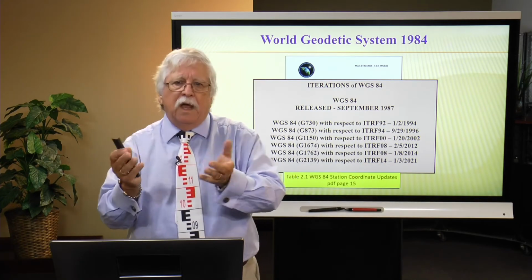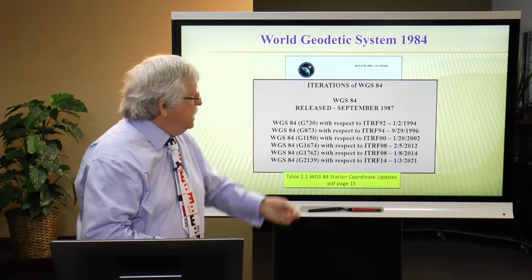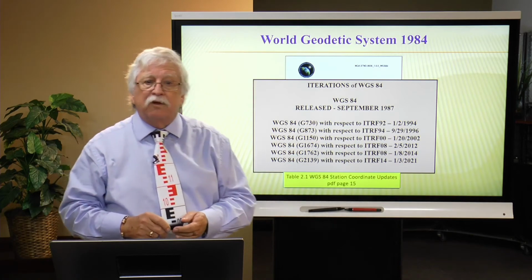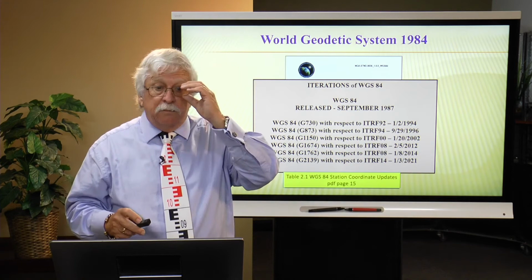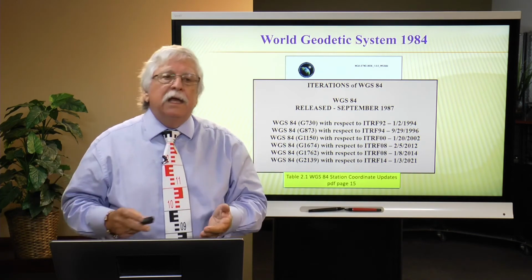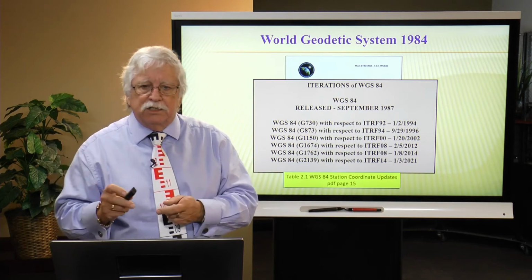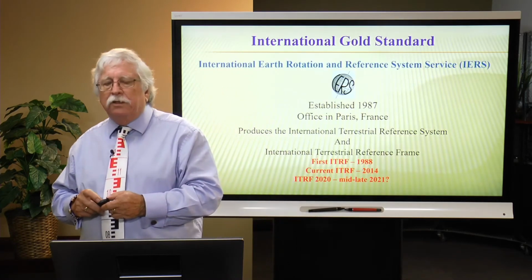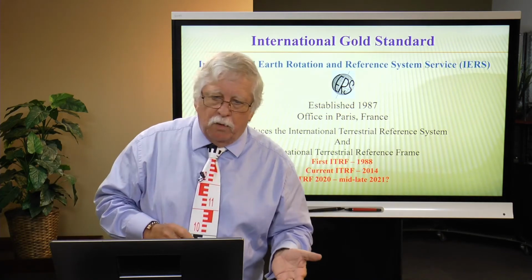So if you're going to say, I have coordinates that are of high accuracy and they're in WGS84, then you must define which one of these reference frames it was defined in. And that can be vitally important. If you don't have that, it can be very, very difficult to ultimately provide any transformations back and forth to other coordinate systems.